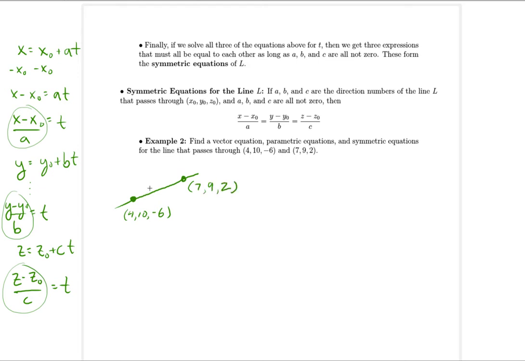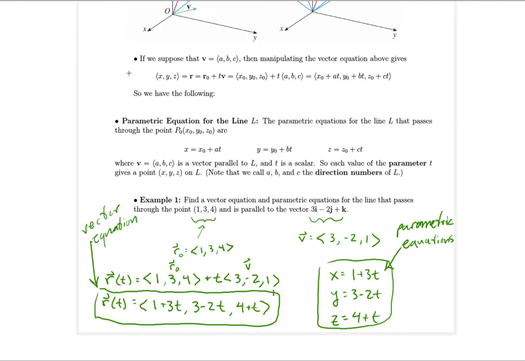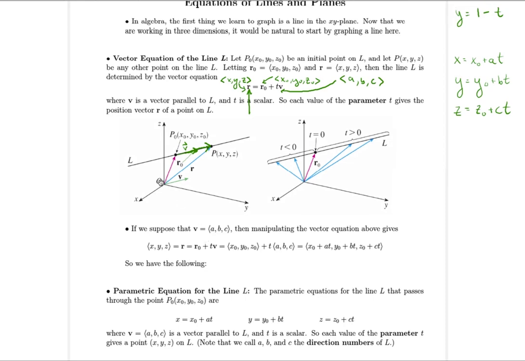Okay, so let's think about how we come up with the equation for this. Remember what we're looking for, on our diagram on the previous page: we need an r0 and we need a v.